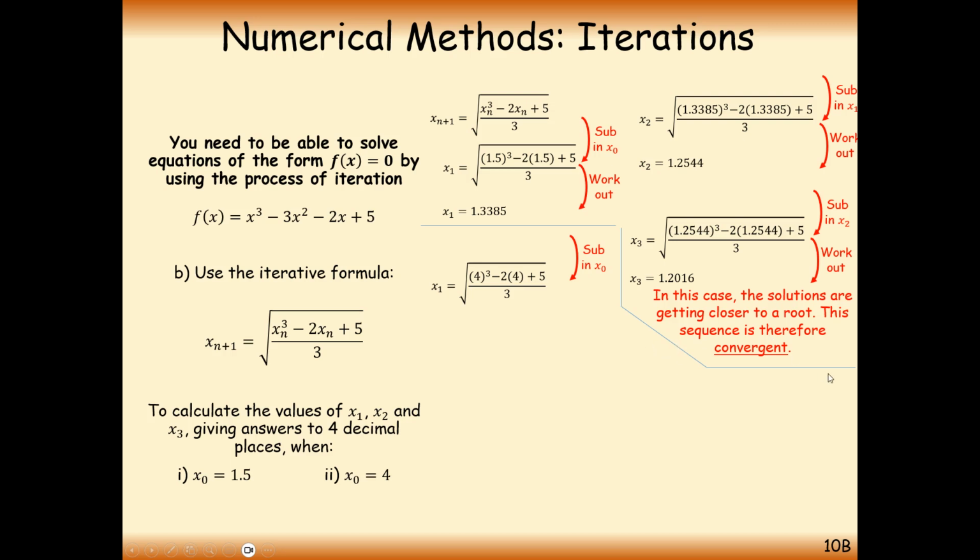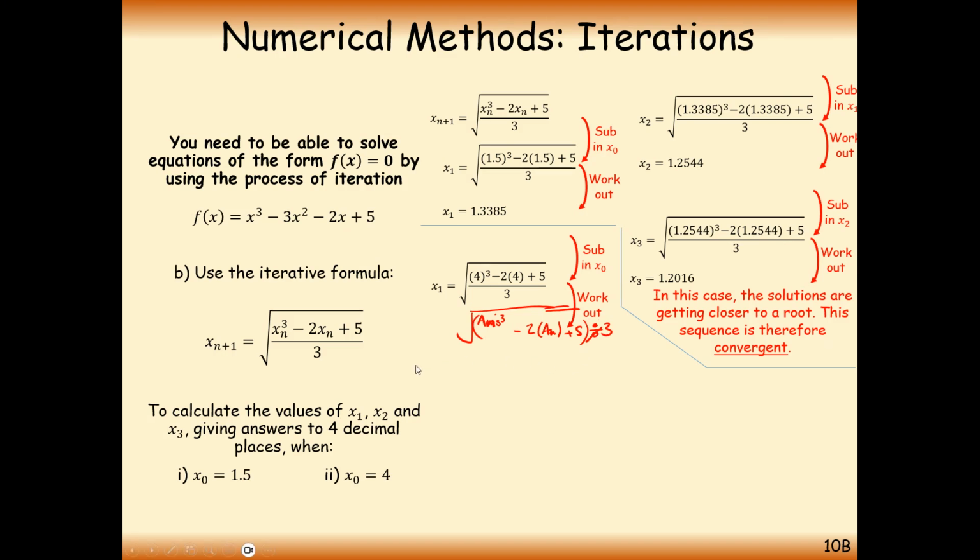You clear everything in your calculator, you type 4 and you press equal. Then the number 4 is stored in your calculator's memory as an output and an input that can be used in the function. So you type in square root, and you are going to use answer cubed minus 2 times answer plus 5, and you put a bracket around this expression because you're going to type in divide by 3.